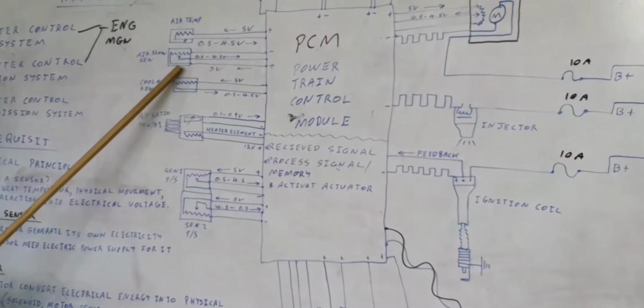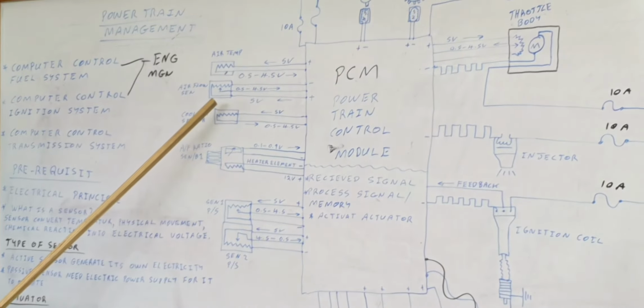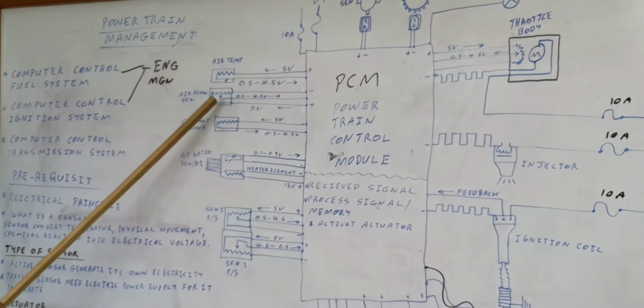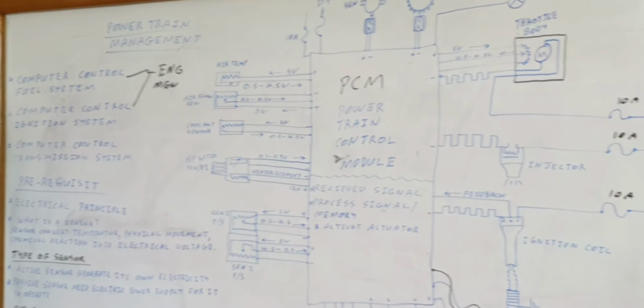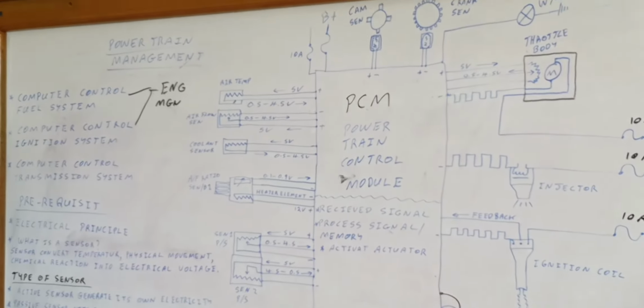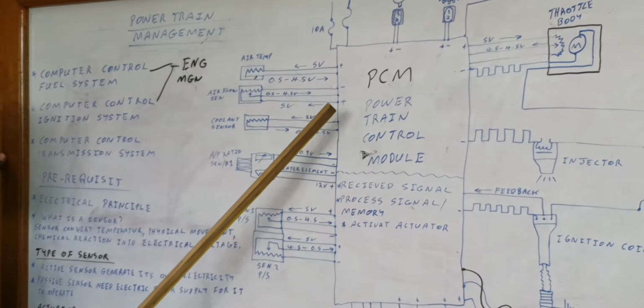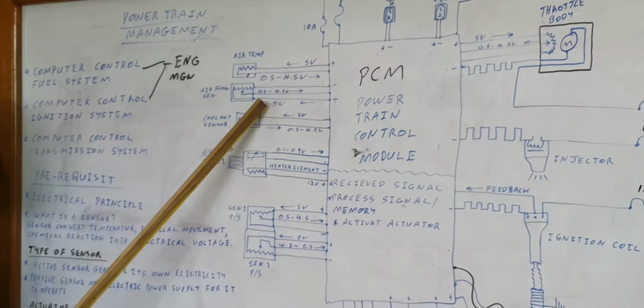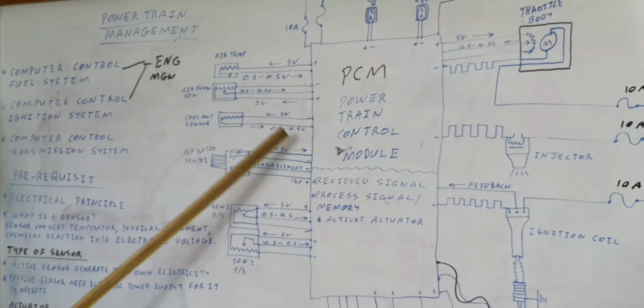Right here now we have the airflow meter, and we're going to put this airflow meter on this air temperature sensor later. What type of resistor would this airflow meter be? Fixed or variable? Because from day one, you will see 5 volts coming out. You will have the ground, and you will see a signal of 0.5 to 4.5.